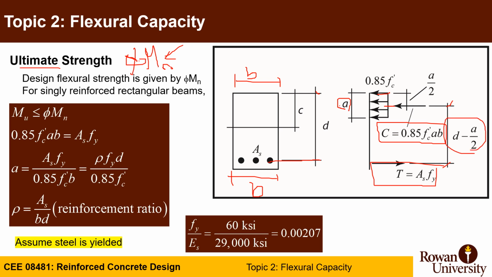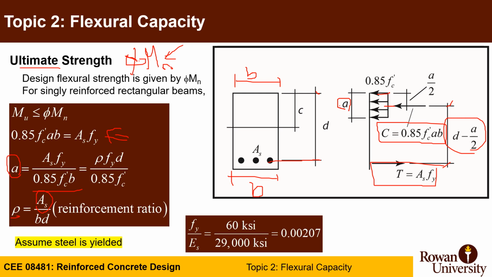So C equals T. Assuming steel yield, As times fy equals 0.85 f'c a b. From here you can get a as As fy divided by 0.85 f'c b. Rho is what's called the reinforcement ratio. This is the area of steel divided by b, the width of the cross section, and the structure depth d.